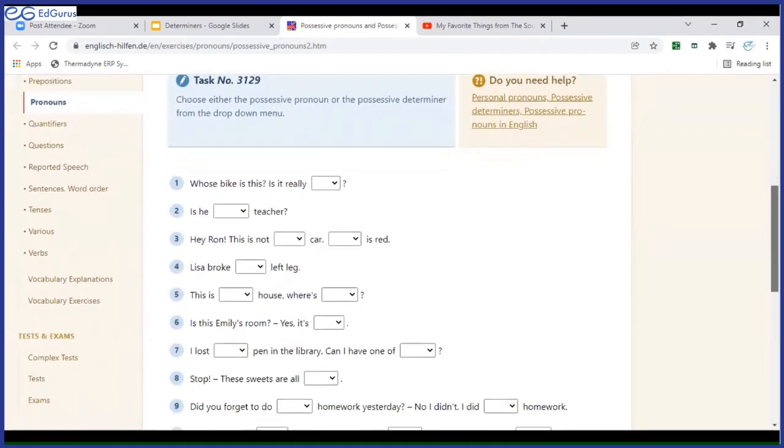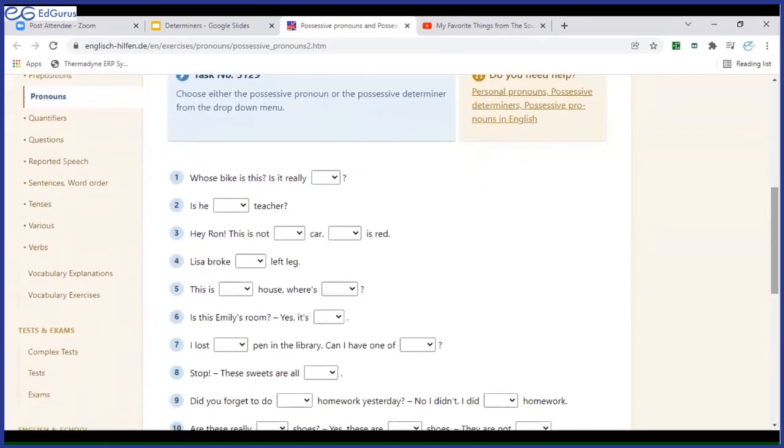Yeah. Now this is what you will do very carefully, because some of them are interrogative sentences also. Whose bike is this? His. Now what is it here?